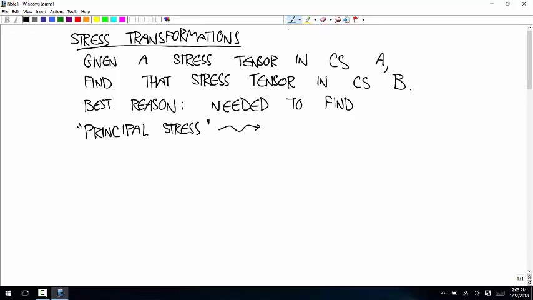Principal stress is used for finding the maximum normal and shear stresses at a point.